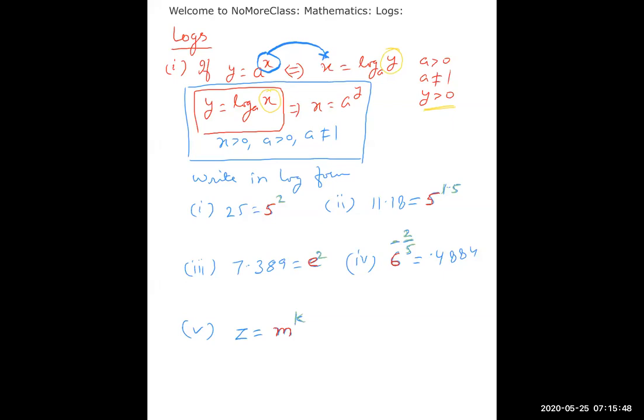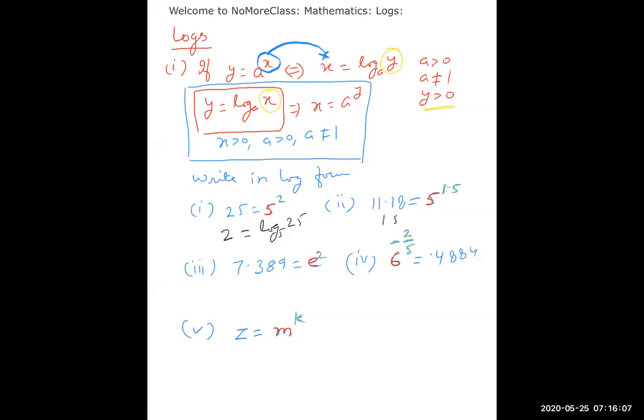So this is x is equal to x2. 2 is equal to this. We can write in this form. See, this 2 will come outside. 2 is equal to log 25 to the base 5. Here base is 5.